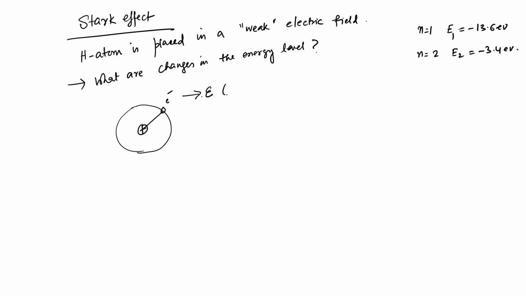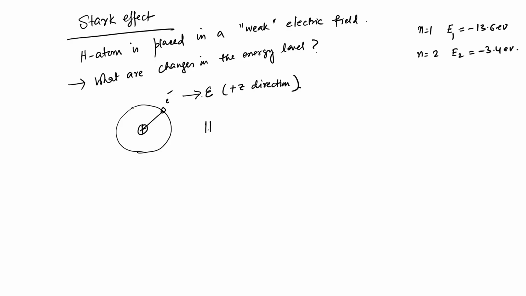This is say in the plus Z direction. This is just a notation that one uses for convenience. It really does not matter which direction it is, but it is only in the Z direction that you do not have any azimuthal dependence, that there is no phi dependence.